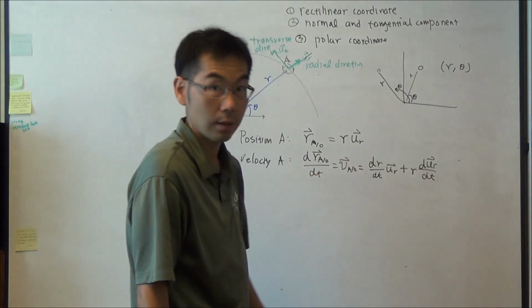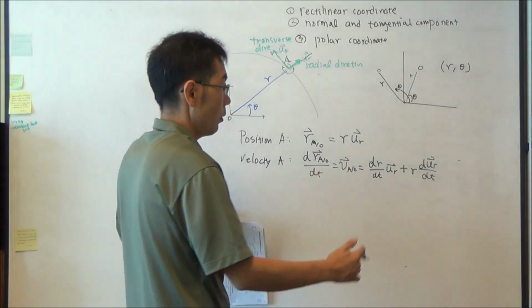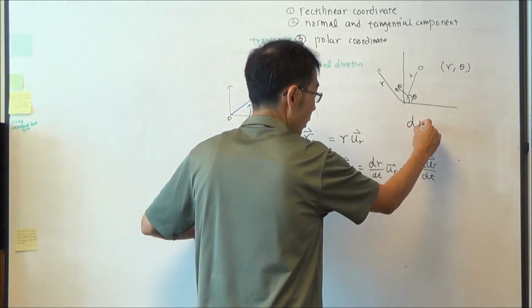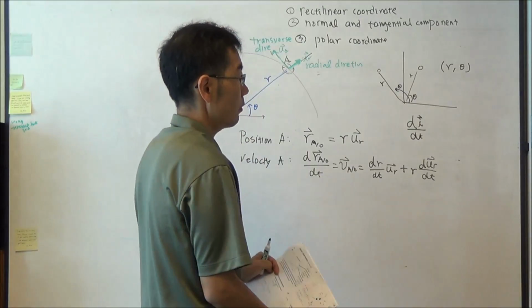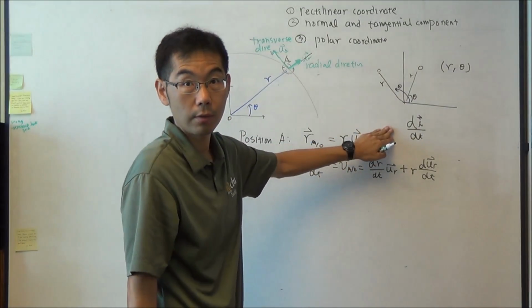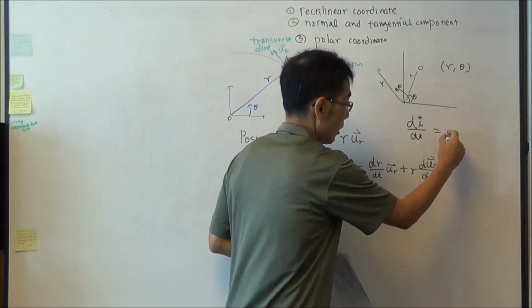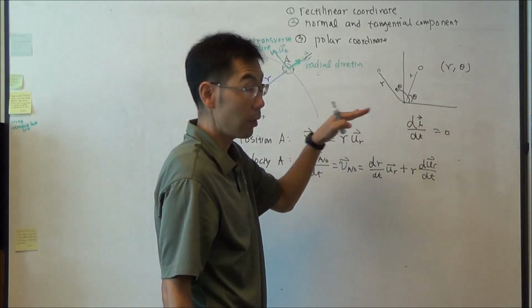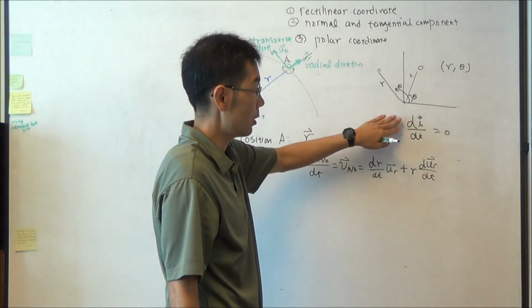Did you remember that when we took the derivative of the i unit vector before in the rectangular coordinate system, this one was 0, because the i direction is always pointing along x, and also the magnitude is always 1, so that's why this one is 0.